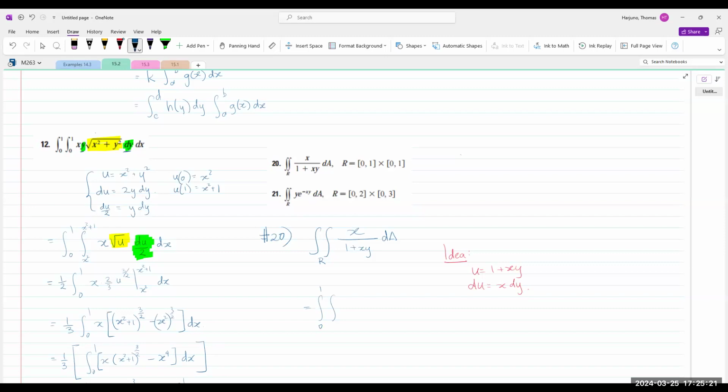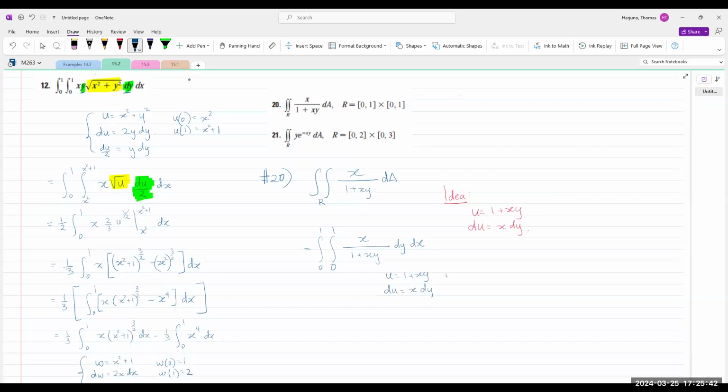0 to 1 for the x, 0 to 1 for the y, x over 1 plus xy dy dx, right? And then using u equals 1 plus xy, du equals x dy by substitution. What is u at 0? When y equals 0, that's 1. When y equals 1, that's 1 plus x, right?